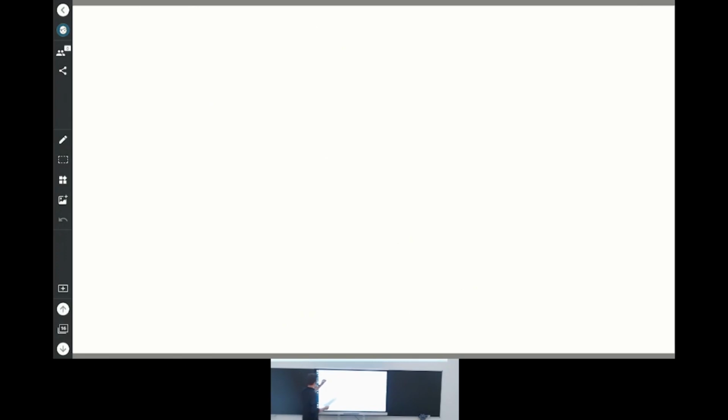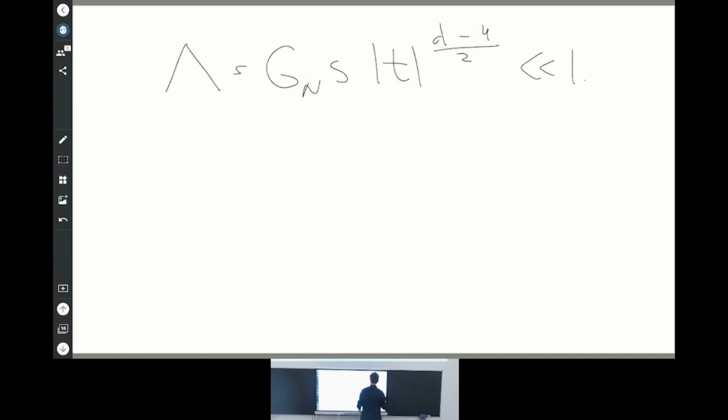And I told you that in gravity there is this dimensionless quantity which controls transition when the gravitational corrections become important, and you can trust tree level when this is small.